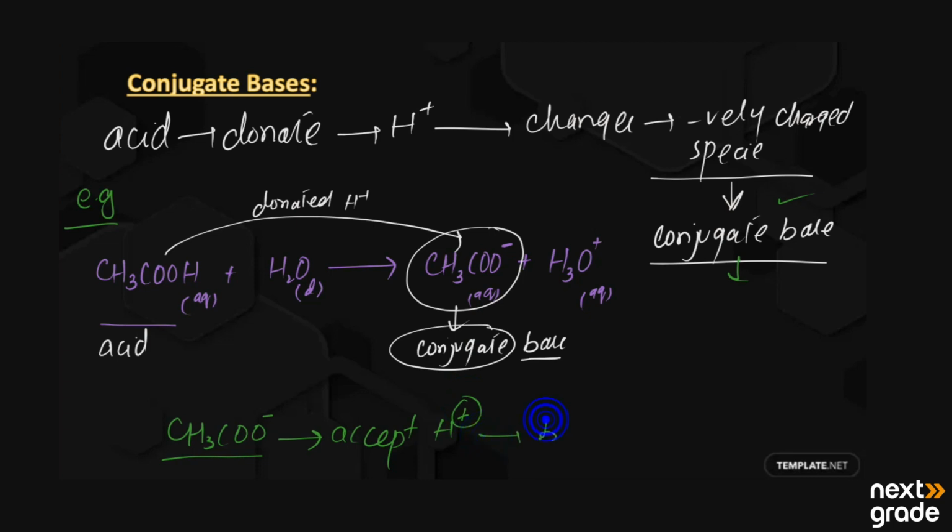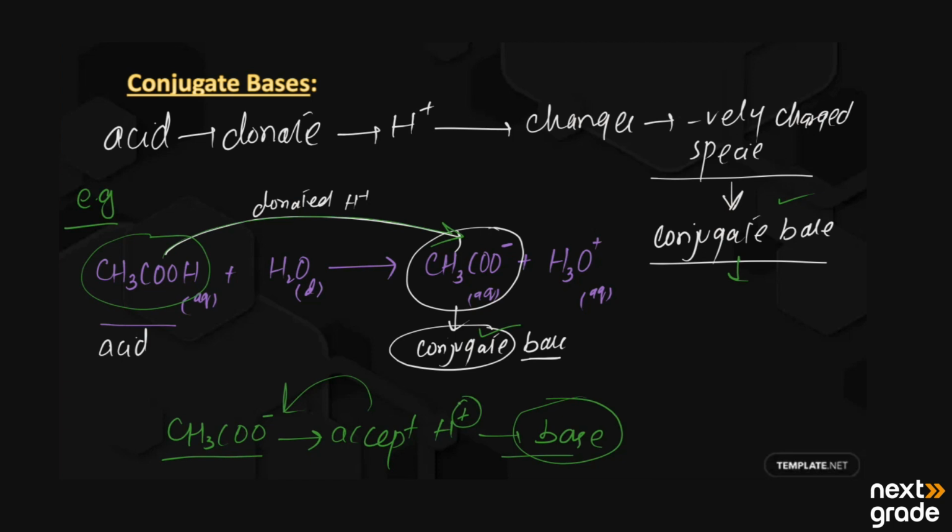Conjugate means it has been produced from the acid. As the acid has produced the base, it is known as the conjugate base, and it can accept the proton, so that's why it is known as the conjugate base according to the Bronsted-Lowry concept.